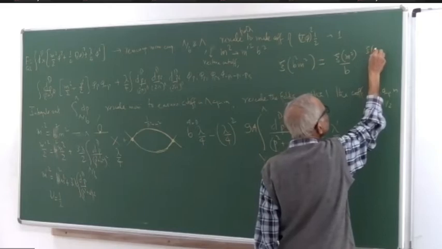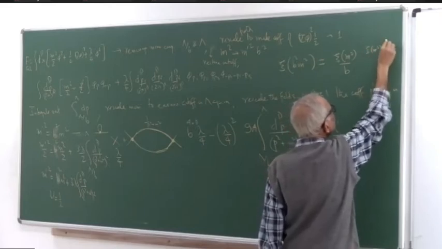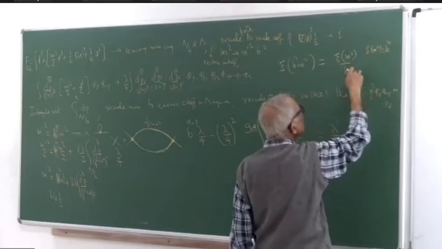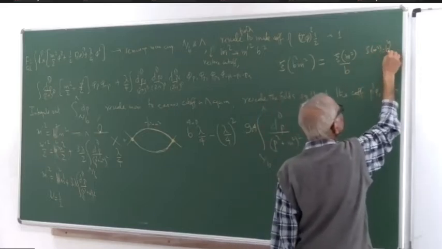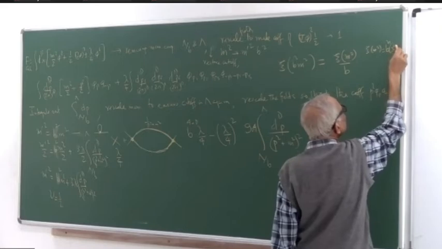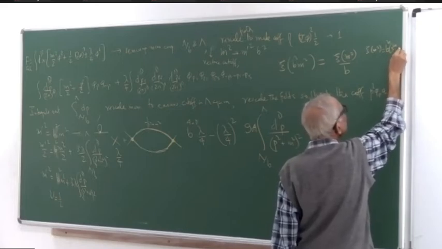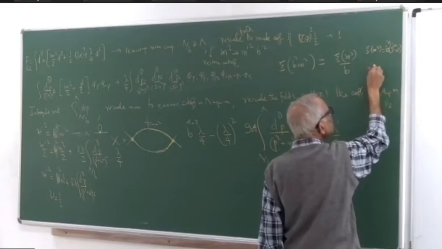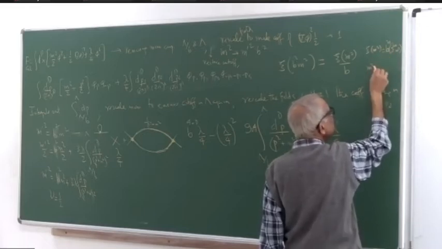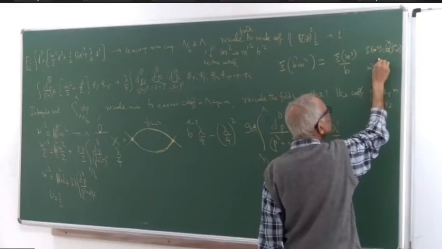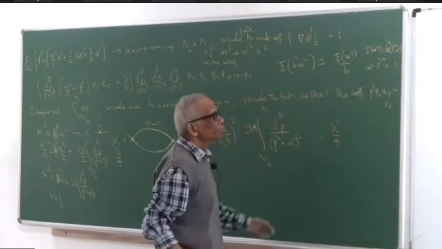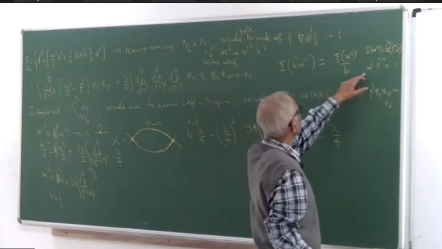Xi m square is equal to b to the power n. So I have done, and then it is xi to the power b 2n m square. I go to large m, so that m square large n, that is xi to the power 2n, is equal to 1.